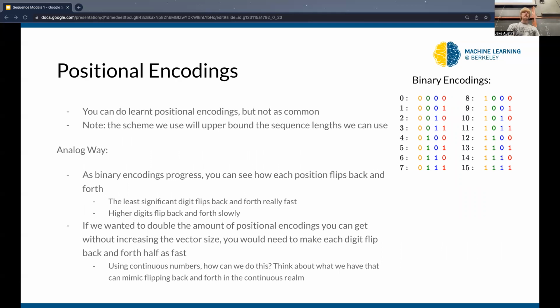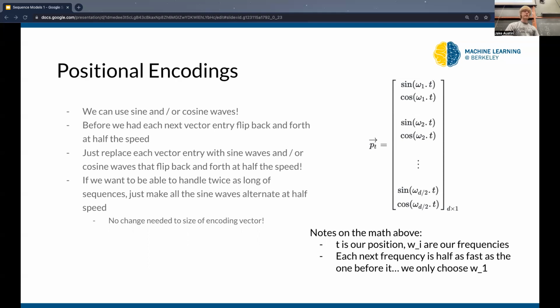It's a weird concept, but if we're at sequence element 1, we're just going to set t equal to 1 and evaluate sine and cosine at all of these different frequencies at t equal to 1. Then at time step 2, we set t equal to 2.